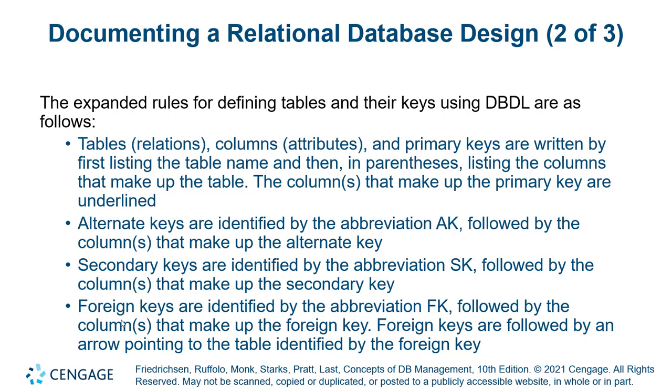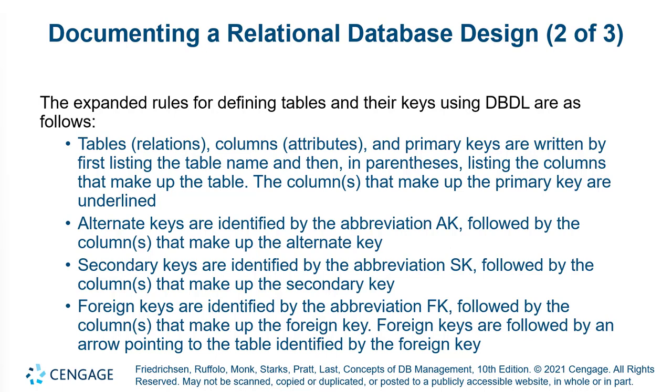For whatever reason, we're not using this alternate key as the primary key, but we're still going to identify it as an alternate key with the abbreviation AK. Then we have our secondary keys, identified with the abbreviation SK for secondary key, followed by the attribute, the column name.